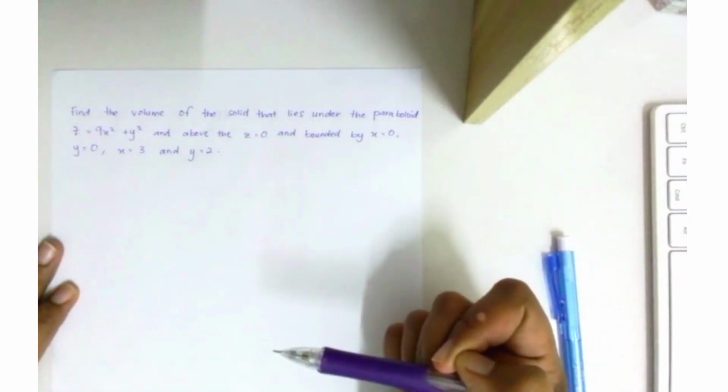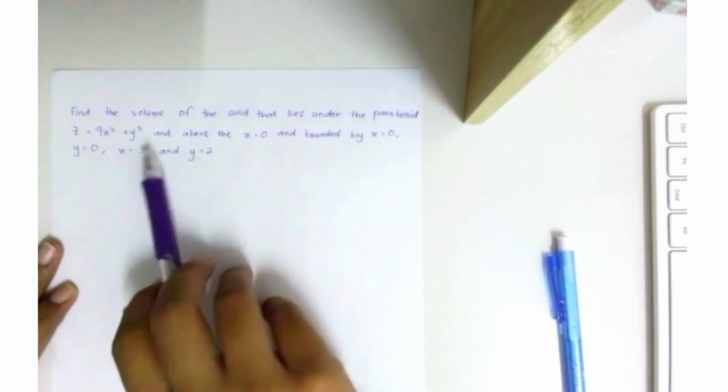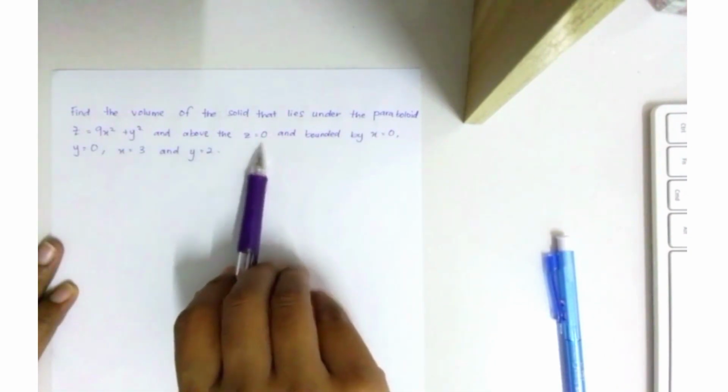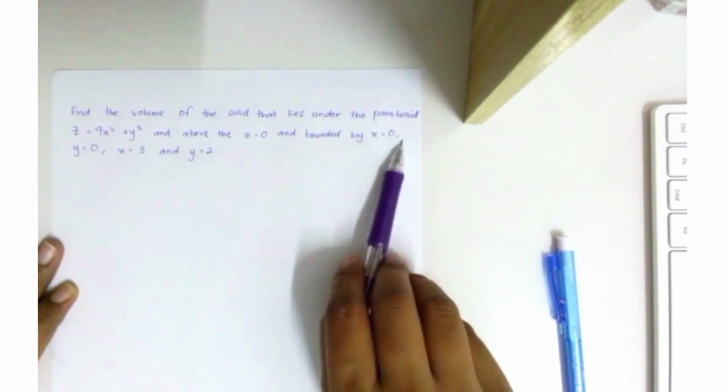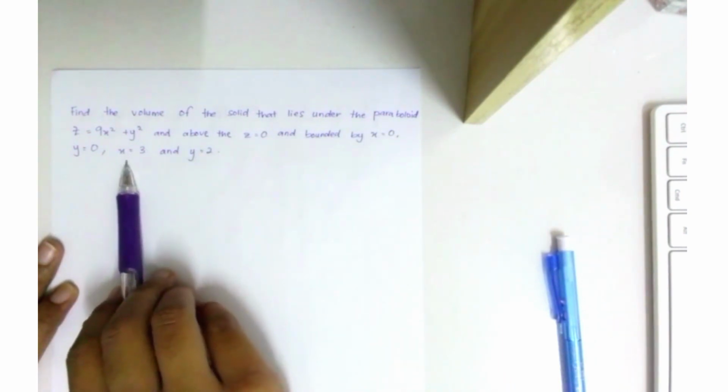Now let's look at an example of finding the volume under the bounded region. Given the question: find the volume of the solid that lies under the paraboloid z equals 9x squared plus y squared and above z equals 0, bounded by x equals 0, y equals 0, with upper limits x equals 3 and y equals 2.